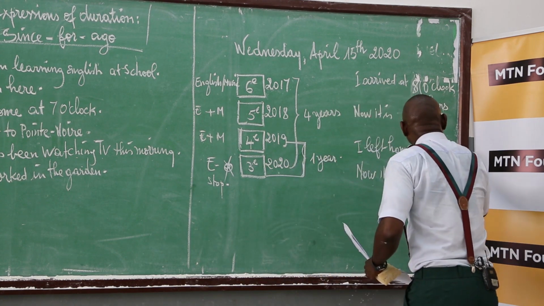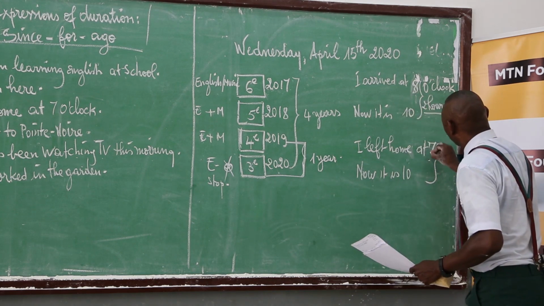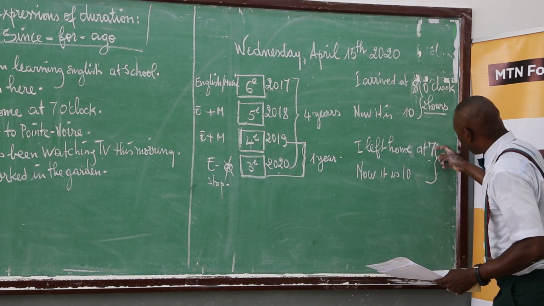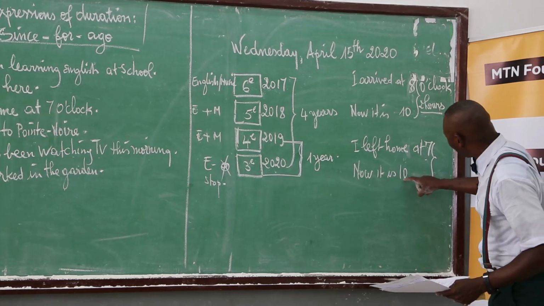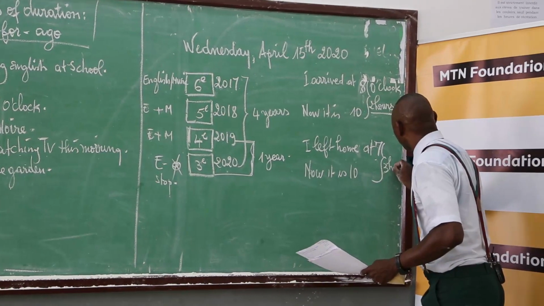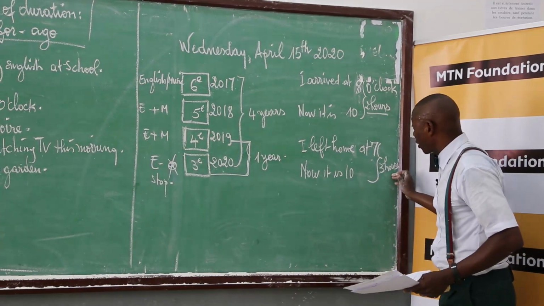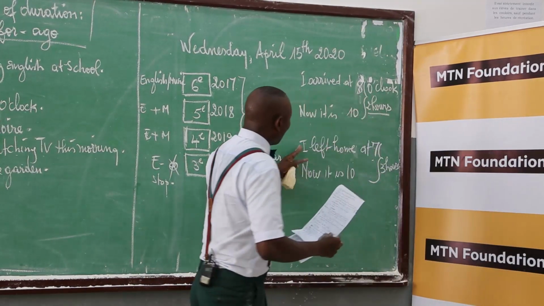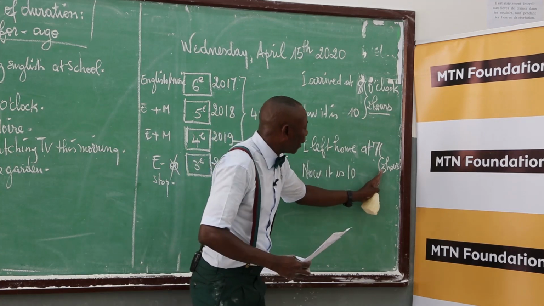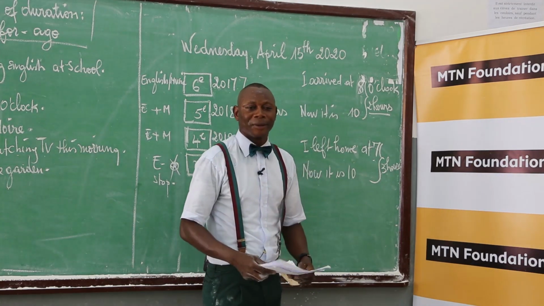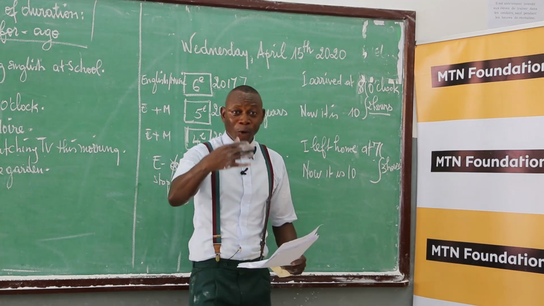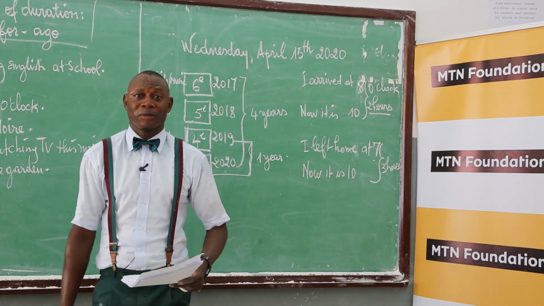So let me make a difference here. From 7 till 10, we have 3 hours. 3 hours pass, okay? So I say this. I left home 3 hours ago.